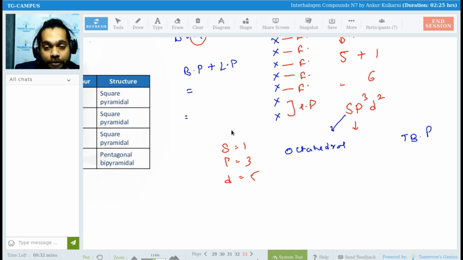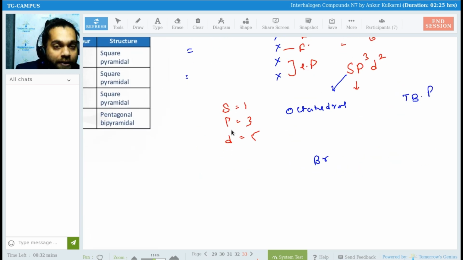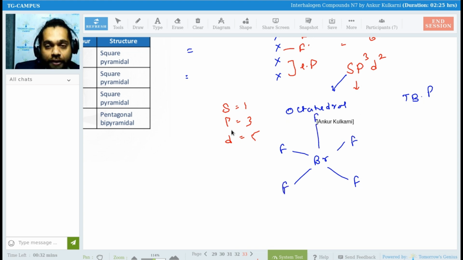So octahedral means what? I have an atom over here. We have Br. We had done for BrF5, isn't it? So I will have F, F, F, F. Then I will have one remaining F over here and one lone pair over here.